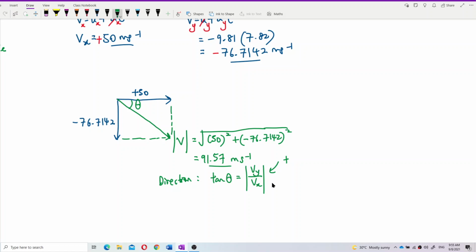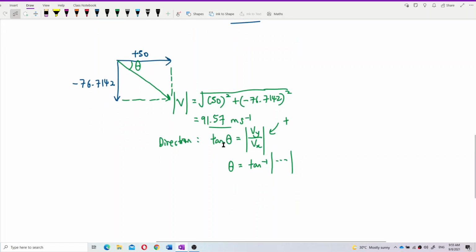One thing you must remember: you need to find theta, not tangent theta. So you must take the anti-tangent. After you divide, you got your answer inside, don't forget to take the anti-tangent to get angle theta. We want theta, we don't want tangent theta.